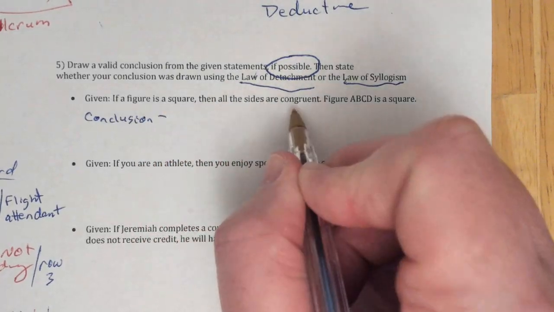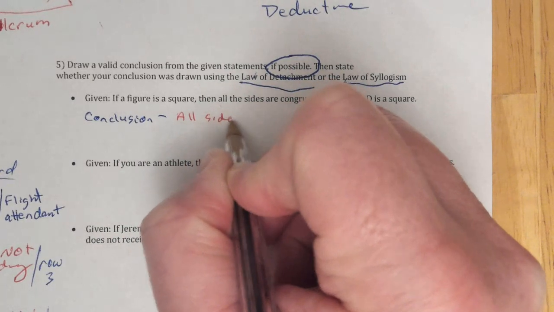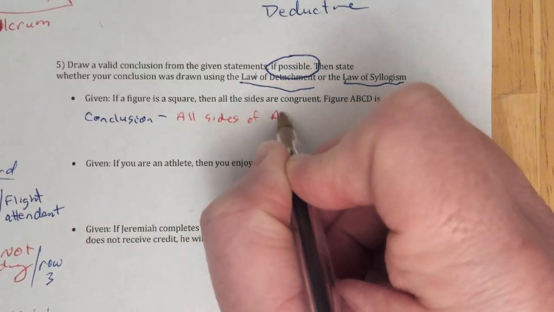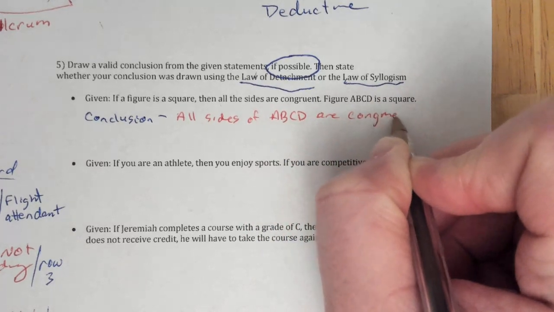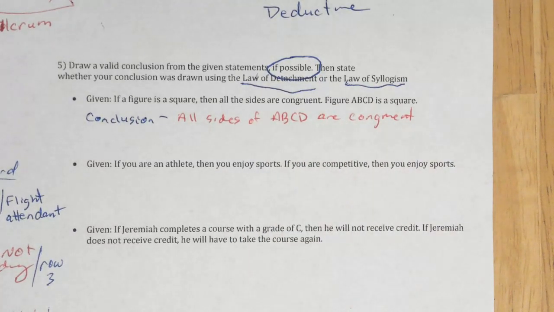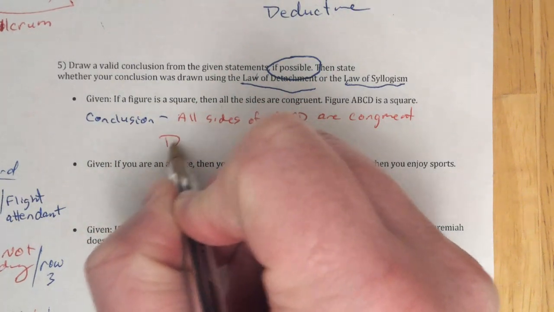So what's the next thing we can say? Then all sides of ABCD are congruent. What rule did we use? Okay, so if A, then B, whatever, then that right there is detachment.